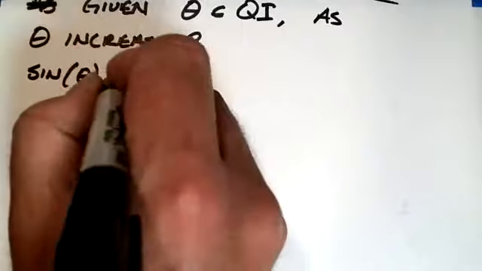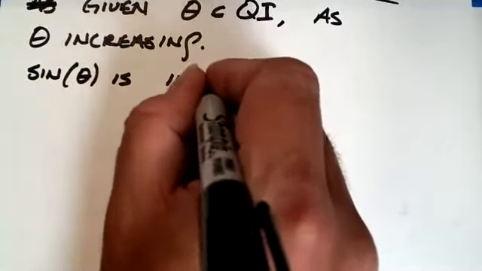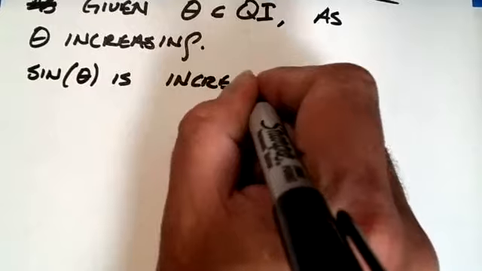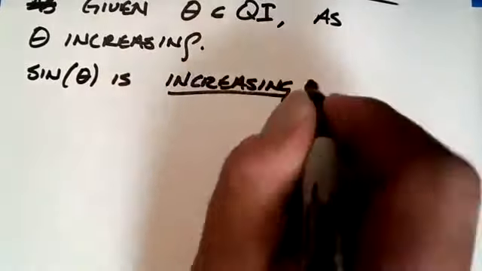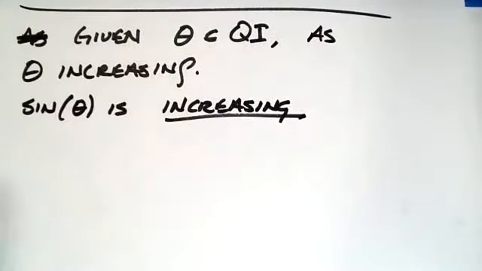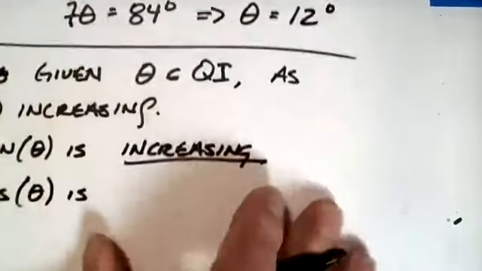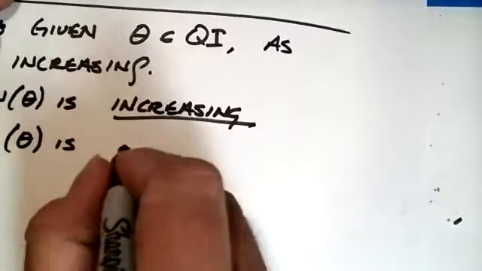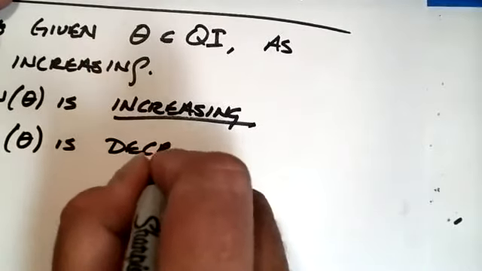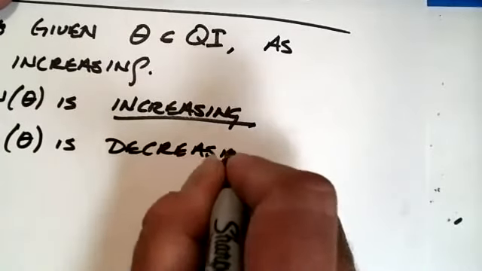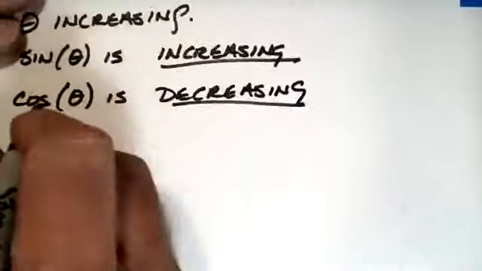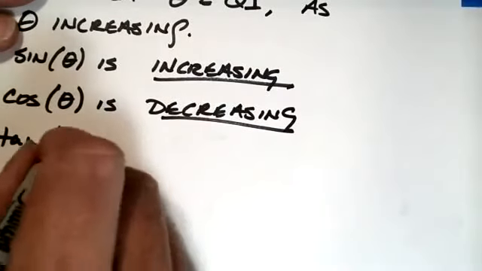Sine of theta is increasing, and that's a term from college algebra, right? It means that the output continues to go up. It doesn't jiggle around, be bigger, larger. It doesn't have any sort of things like that. Cosine, because it is the cofunction, actually decreases. Tangent is increasing.